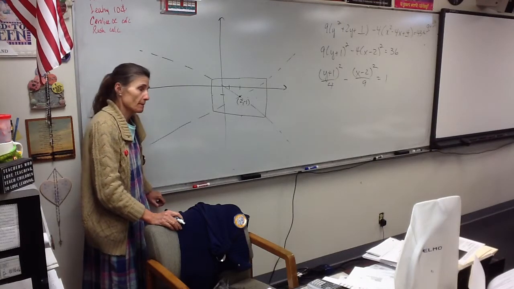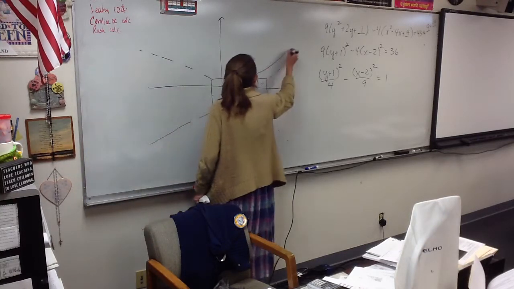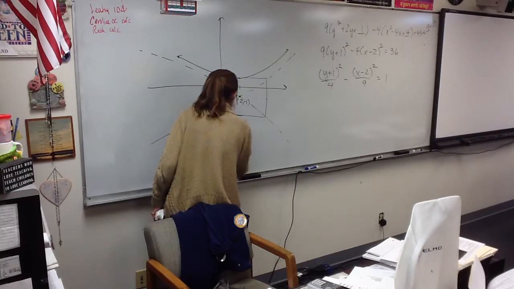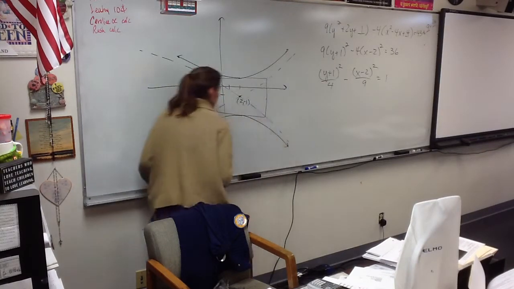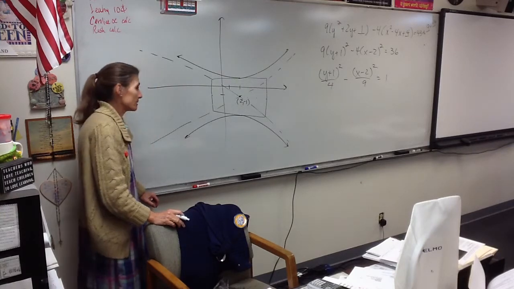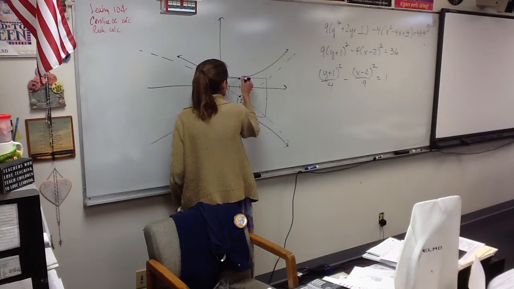What do you think? Up and down. And I'm not sure who said that. Harry, was it you? Yes. And why would you say up and down? You are right. Why did you say that? Because the y's first. Exactly.